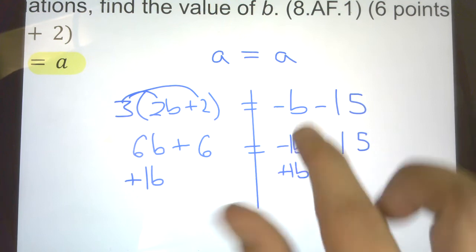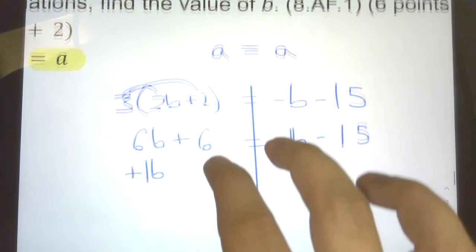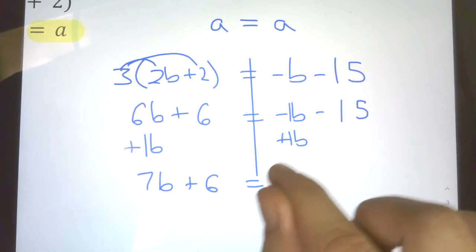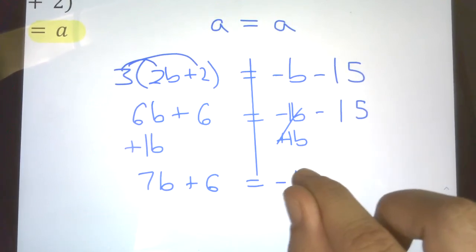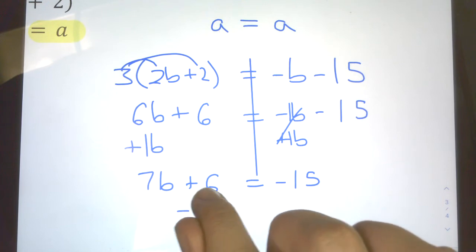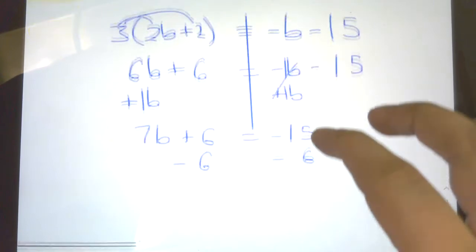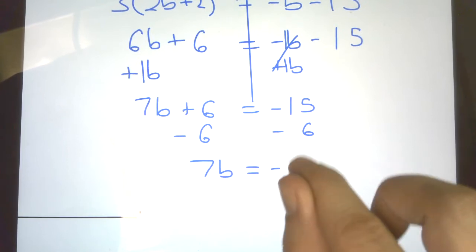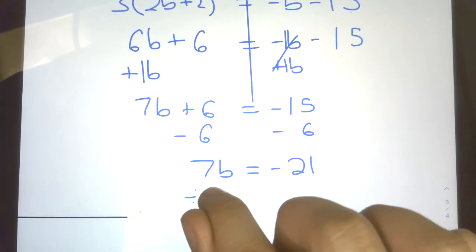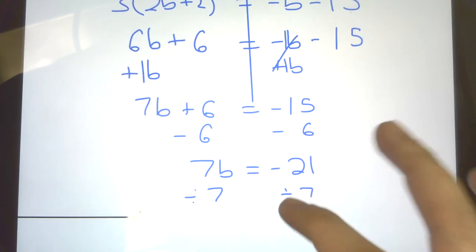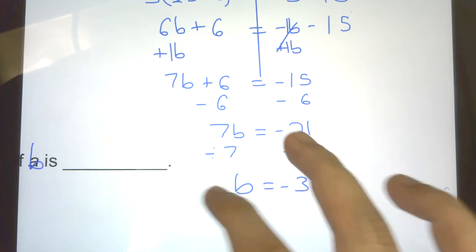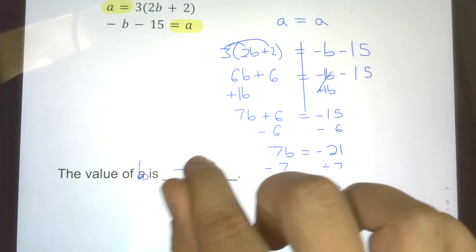That's what this is, negative 1b. 6 plus 1 is 7b. These are gone, negative 15. I'll subtract 6 on both sides to get 7b equals negative 21. Divide both sides by 7 to get b equals negative 3. So the value of b is negative 3.